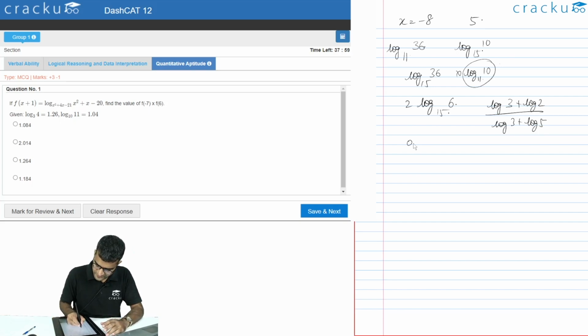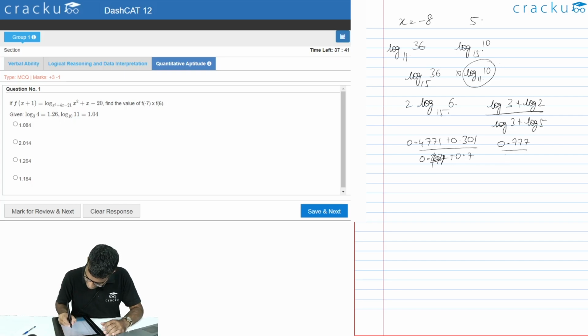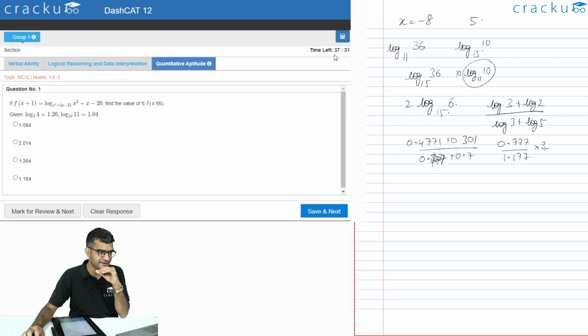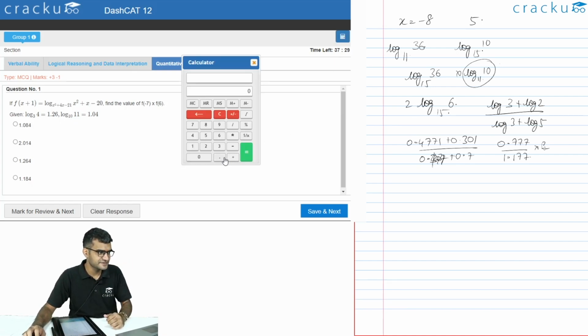So this is 0.4771 plus 0.301 divided by 0.4771 plus 0.7, approximately. So this is approximately 0.777 divided by 1.177 into 2 into log of 10 by 4. Let us use the calculator to get the number. This has wasted a lot of time actually.